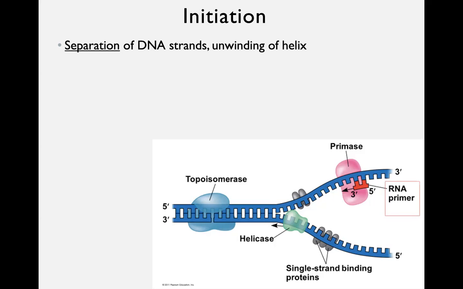And then single-stranded binding proteins, that SSB protein, is essentially keeping that double helix separated. So we have those three proteins, which I have listed later on here, involved in the initiation process. So the single-stranded regions are stabilized by the single-stranded binding protein, aptly named.